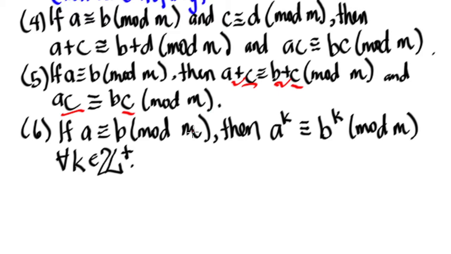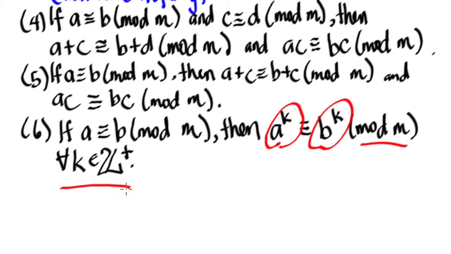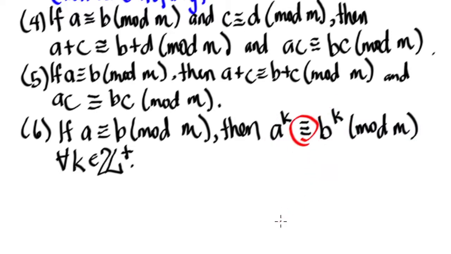If we multiply the same integer on both sides of the congruence, it will still give us a congruence relation. That's property 5. For property 6, if a is congruent to b mod m, then a raised to k is congruent to b raised to k mod m for all k in the positive integers. So if two integers are congruent and we raise them to the same exponent, it will still yield a congruence relation.